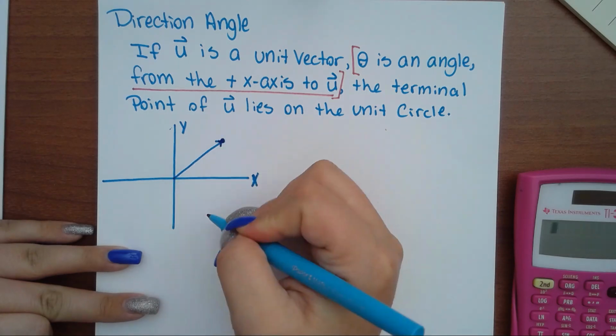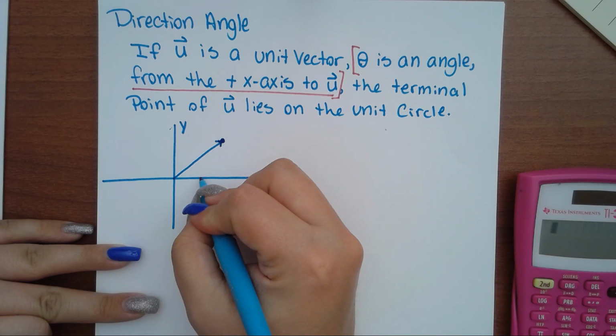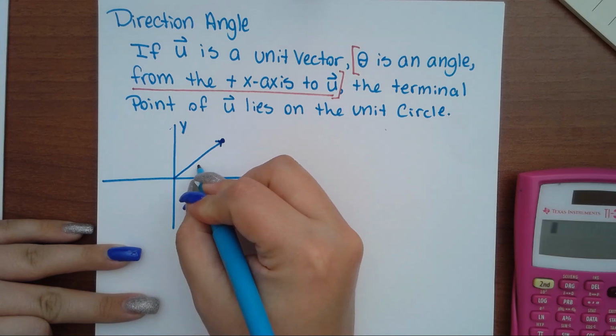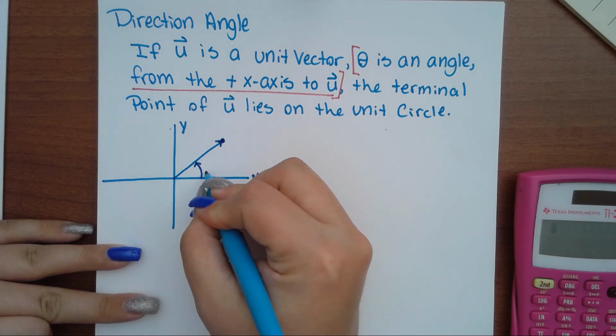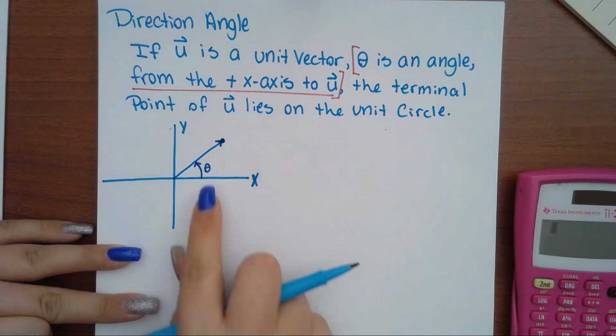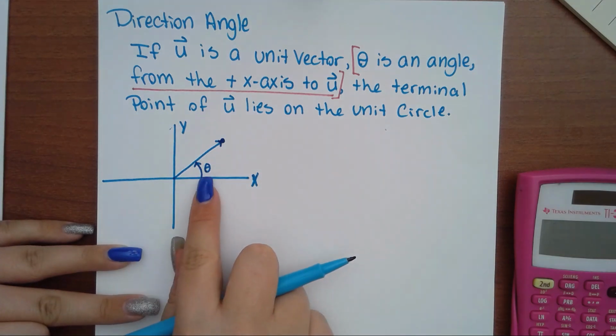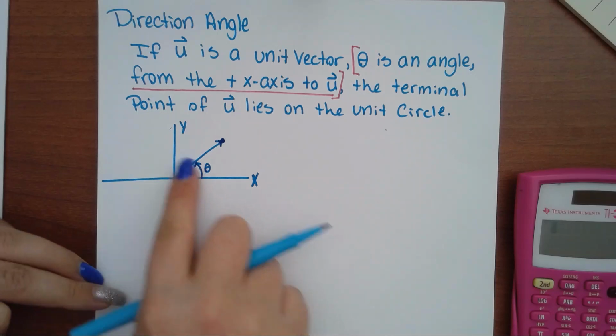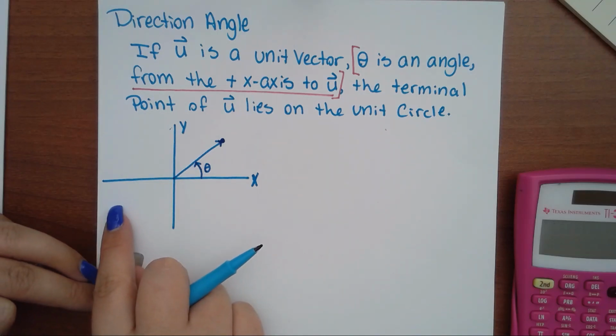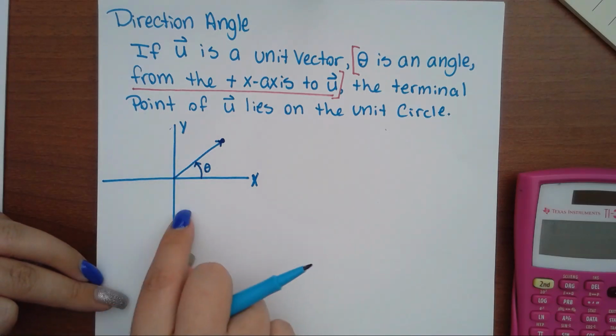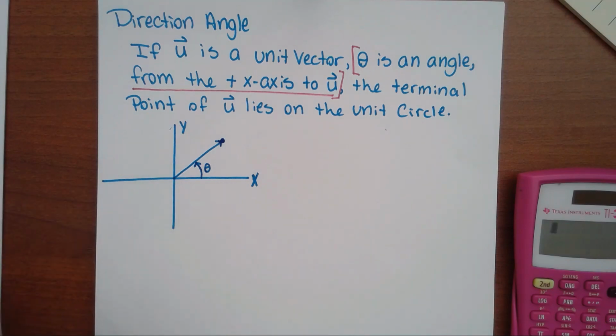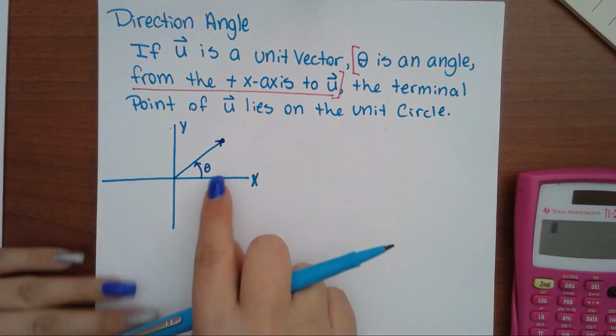Then from the positive x-axis to that terminal line would be my angle. This is called the direction angle, and the direction angle is from your positive x-axis always to wherever your vector is. So your vector can be up here, it could be down here, it could be anywhere really. But normally we go in that counterclockwise direction.